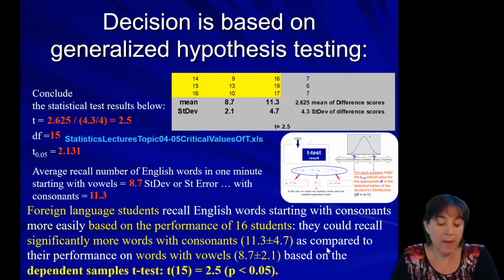And my conclusion is that more consonants were recalled as compared to vowels, which is based on the t-test. I've given all the parameters of the t-test that are important. Is it significant? Yes, the p-value is below 5%, thus we've found a significant difference here.